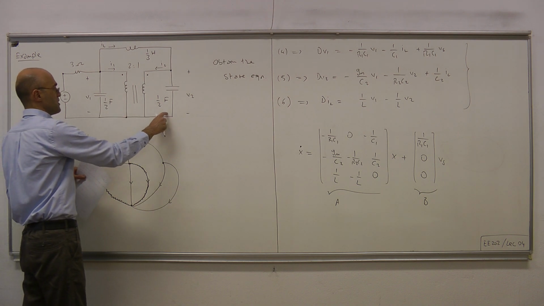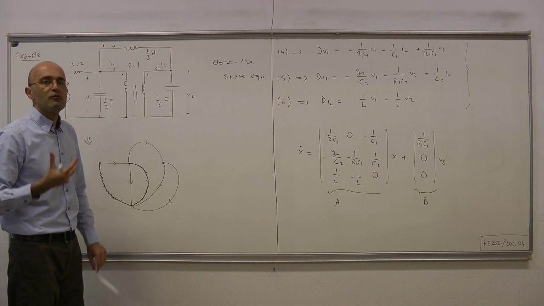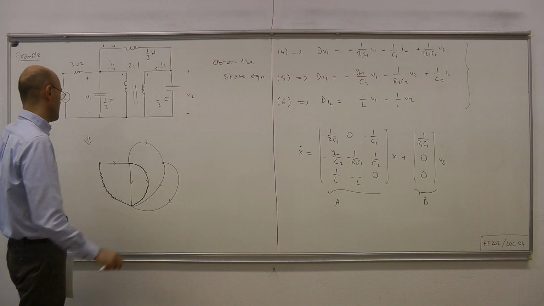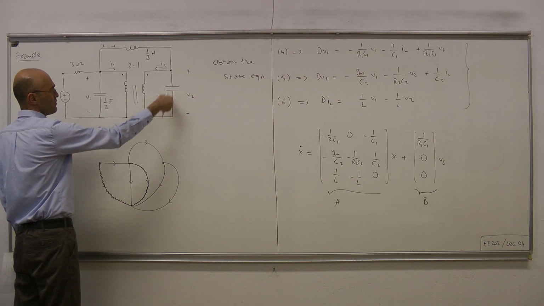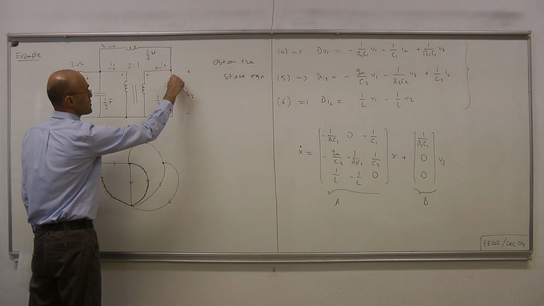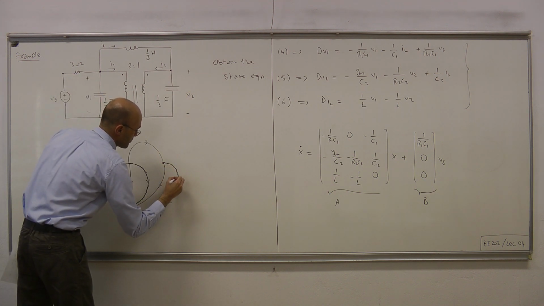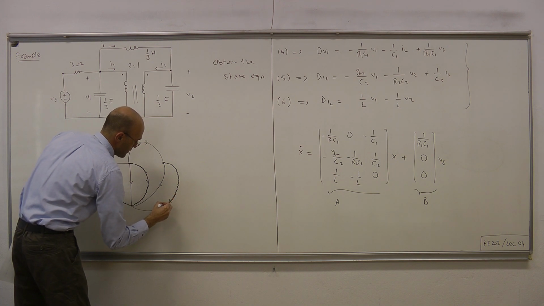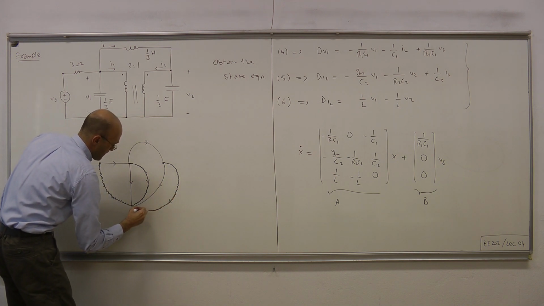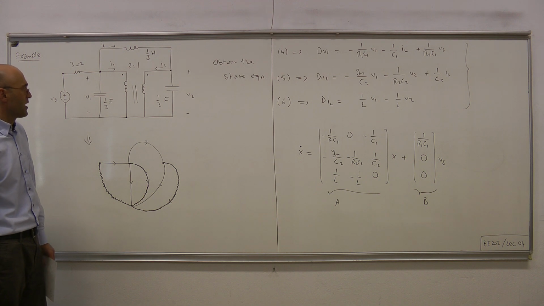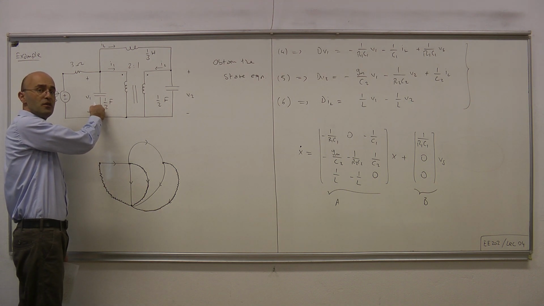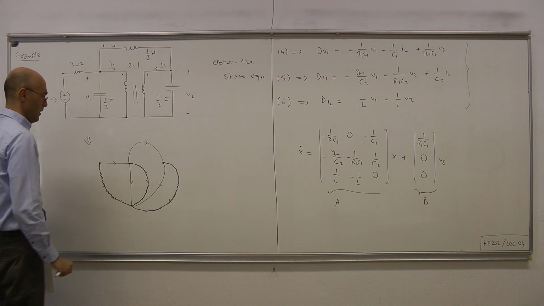We have two capacitors here, so what we want is for both of them to be in our proper tree. For instance, that capacitor is represented by this branch, so let's take this branch as part of our tree, and also we want to include this capacitor too.